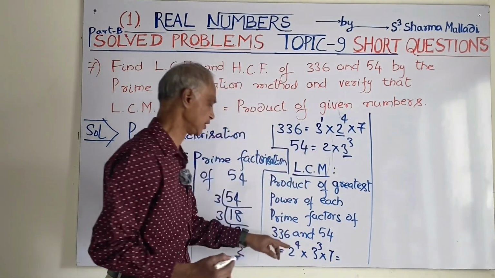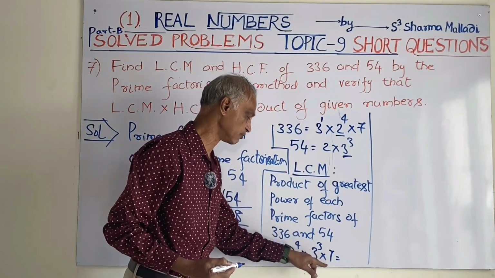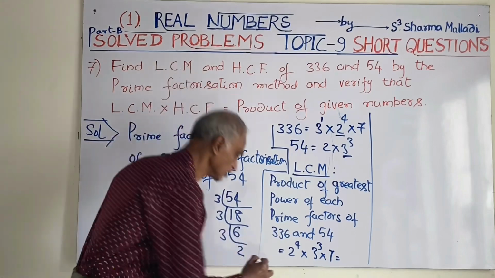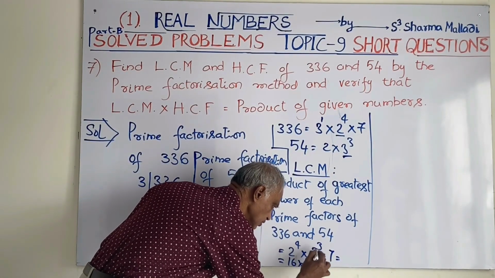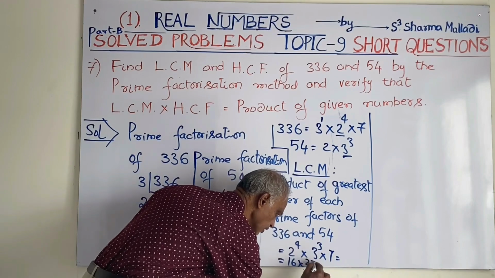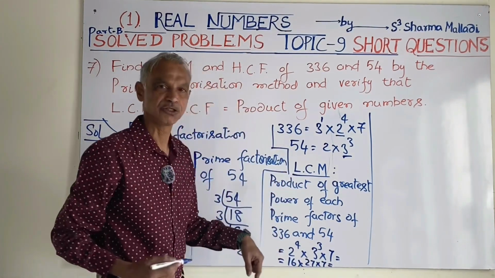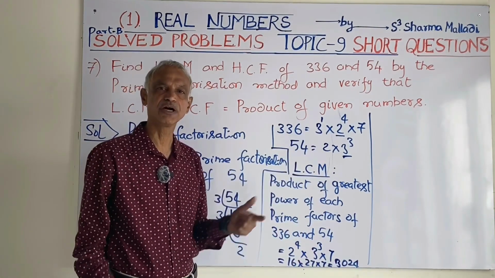You multiply 2 to the power of 4 into 3 cube into 7. 2 to the power of 4 means 16. It can be written as 16 into 3 cube, means 27 into 7. You multiply these, you will get 3024. Now we have to do HCF.